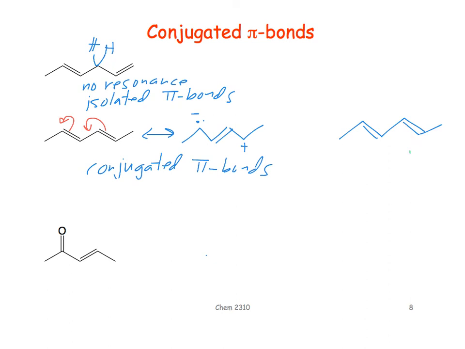This center position right here, even though we draw it as a single bond in the most stable one, has a partial double bond character, which means a partial pi bond, so it is more difficult to rotate around this bond. Remember, we can't rotate around pi bonds. And so, in fact, we really have two different conformations that don't equilibrate super easily, like this and like this. So it takes more energy to rotate.